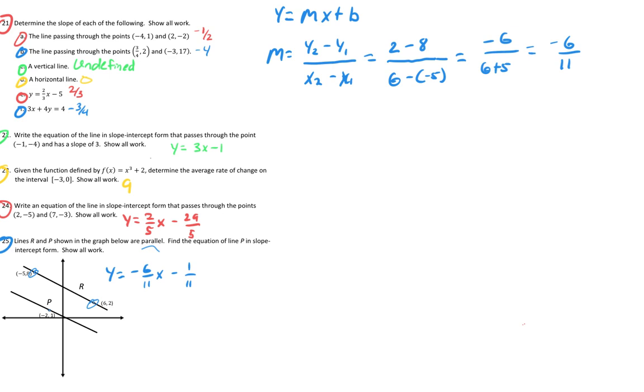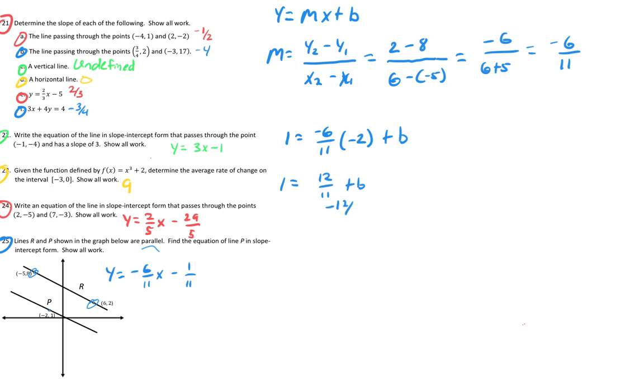And now we want on the line P, and they gave us a point there, so we can plug that into our x and y. So 1 is equal to -6 over 11 times -2 plus b. 1 is equal to 12 over 11 plus b.